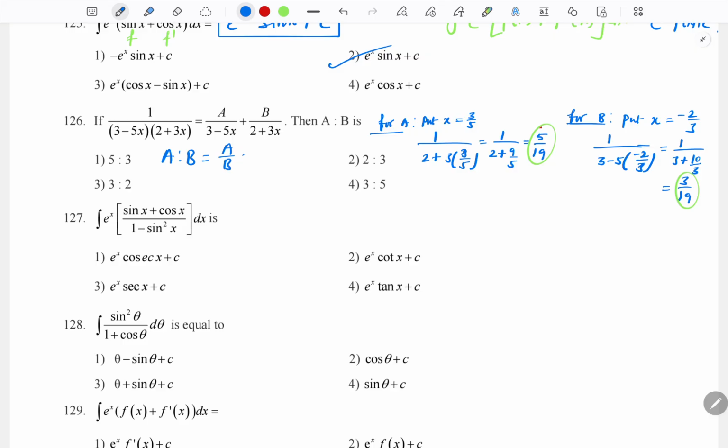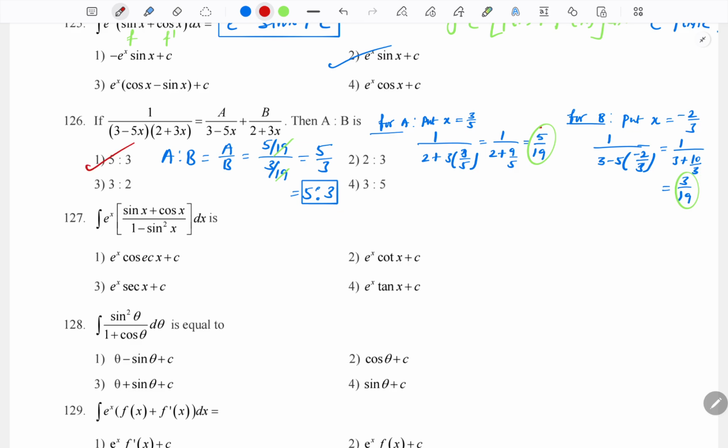Here the 19s will both be cancelled. What is remaining? It's 5 by 3. This can be written as 5 is to 3. So which option is correct? It is option number 1.